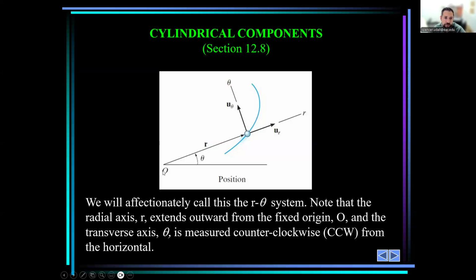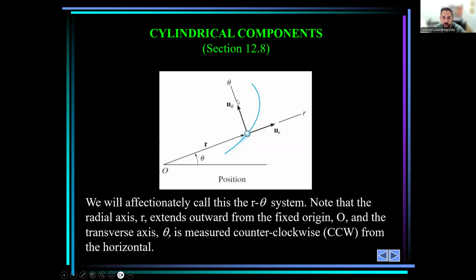So whatever spinning thing we have, we're going to start from its origin, from its center of rotation, and we'll draw a radial line through the particle, and that's going to be our R axis, our radial axis.